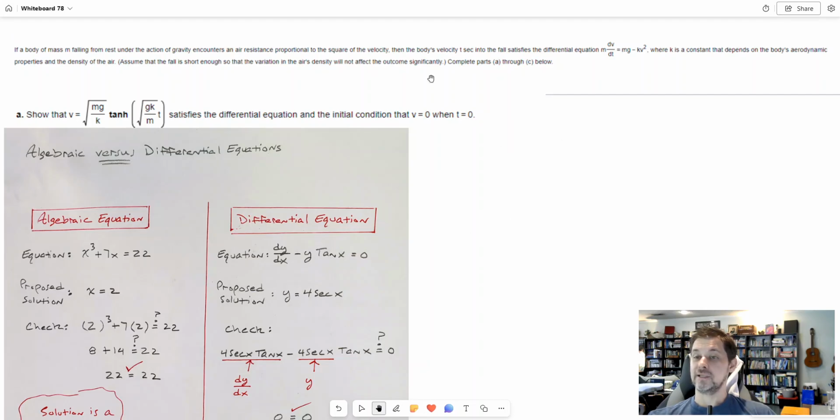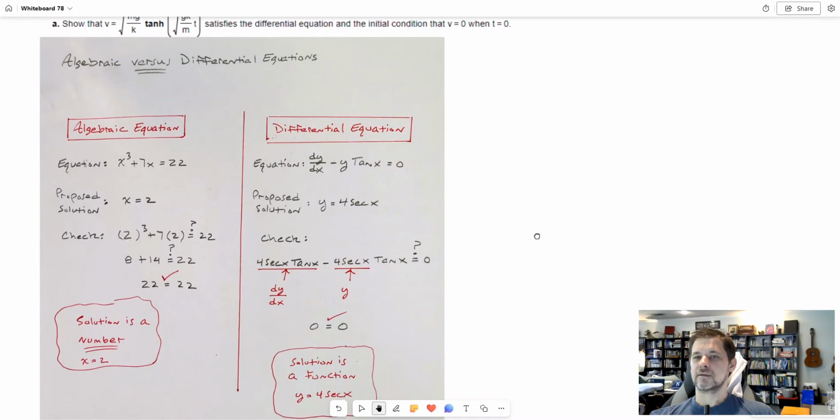And our job would be to check or verify that, okay? So a differential equation is an equation that involves a function and its derivatives. And this is the proposed function that is the solution of that. Other than that, it tells us that this differential equation is a model for an object in free fall with some aerodynamic resistance, okay? But let's not worry about that.